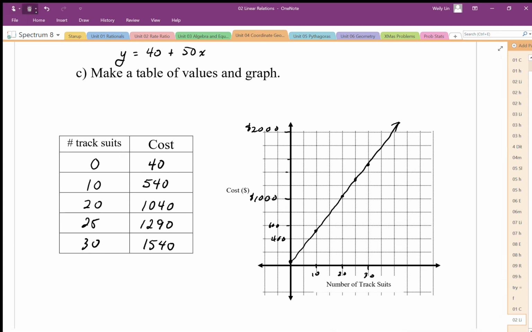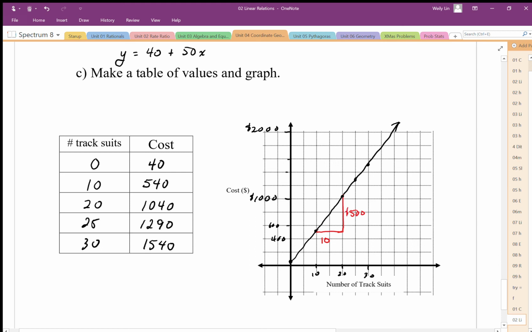Now, the thing that we want to start looking at is, where is this rate or proportion showing up? Well, we can show this proportion showing up here. So we have 10 tracksuits. It's going to increase our cost by $500.